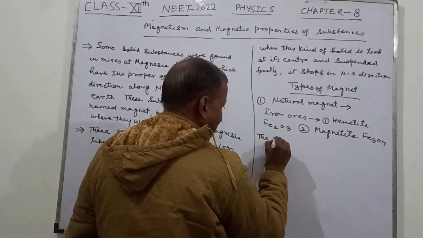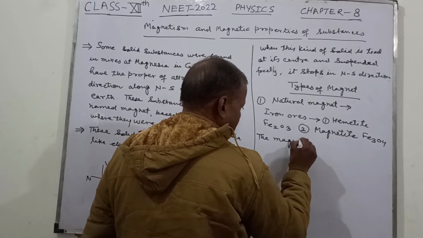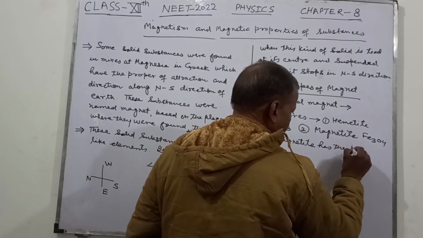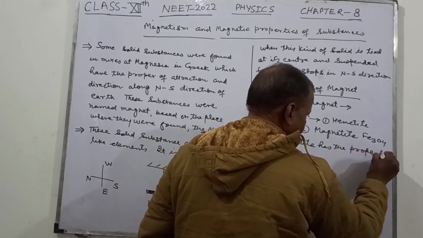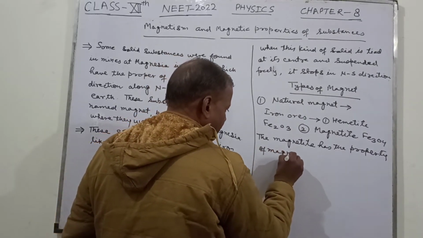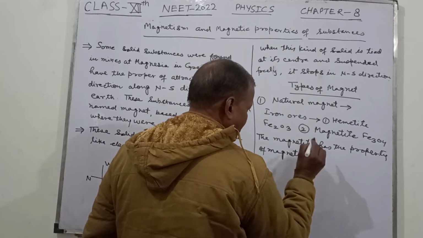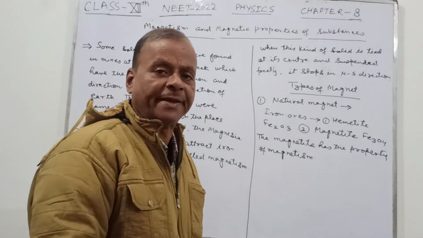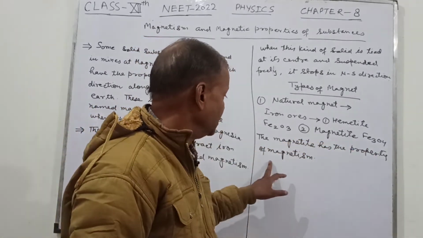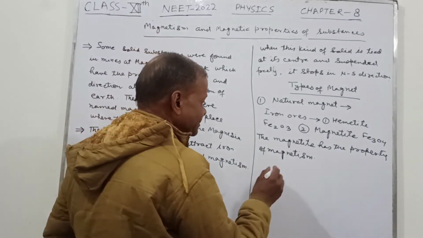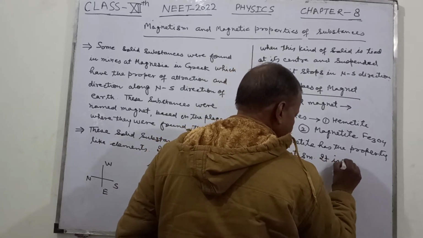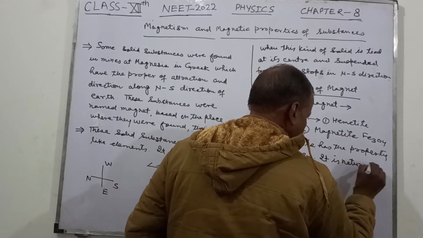The magnetite has the property of magnetism, while hematite is not a magnet. So only this substance, magnetite Fe3O4, is the natural magnet.